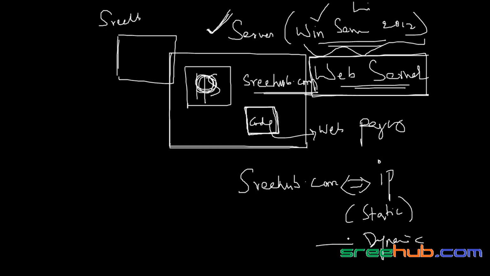When I say static or dynamic IP, it is something in your machine. If you are connected to your internet network, your IP will always be changing whenever you restart your machine, or whenever it gets renewed.